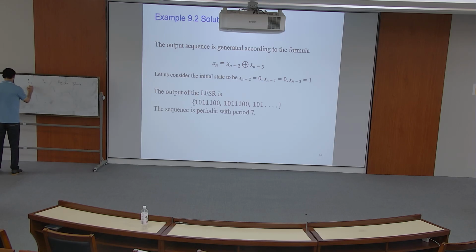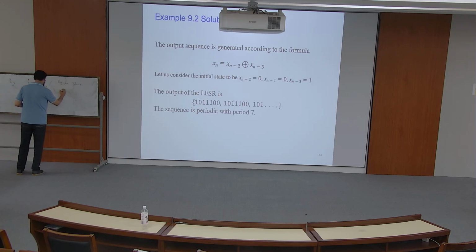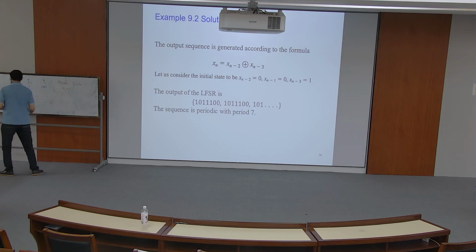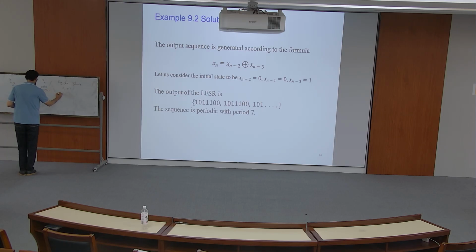X of N minus 1 is 1, and here we got 0, and this is added modulo 2, so we got 1. Similarly, you have 0 plus 0, so we got 0, and similarly go on.